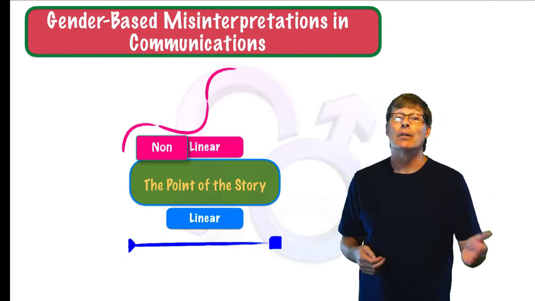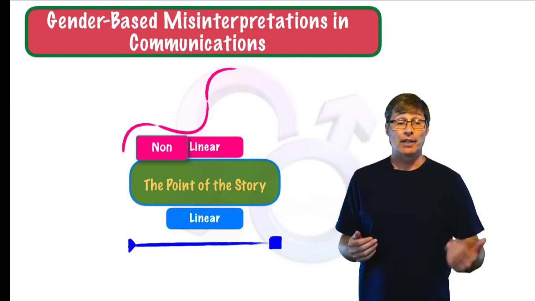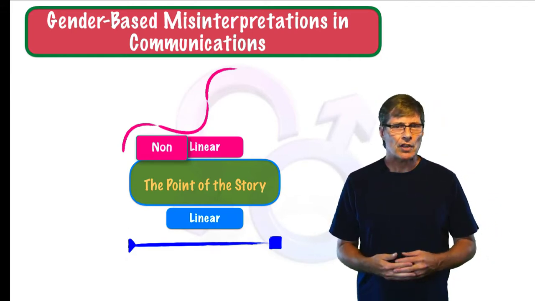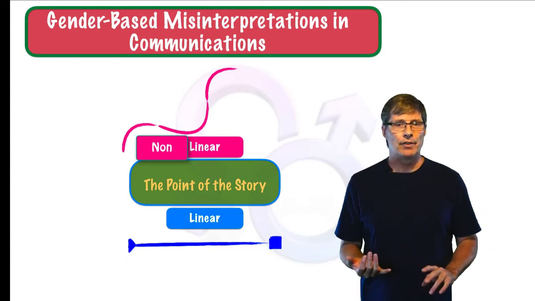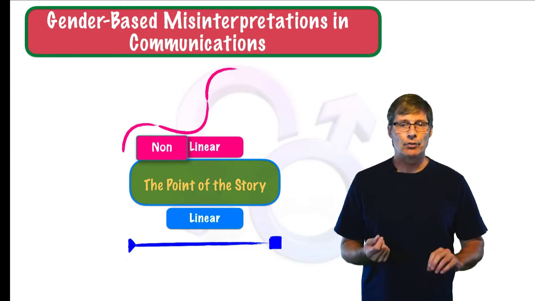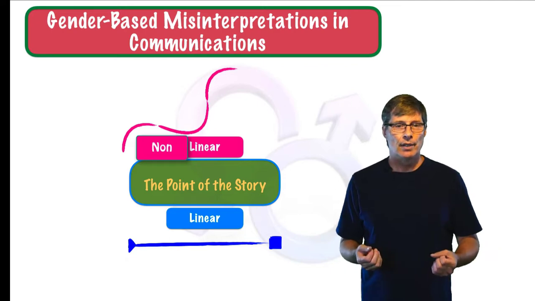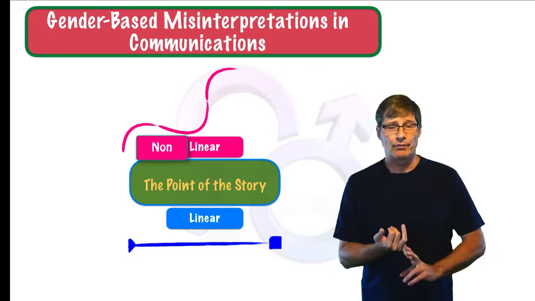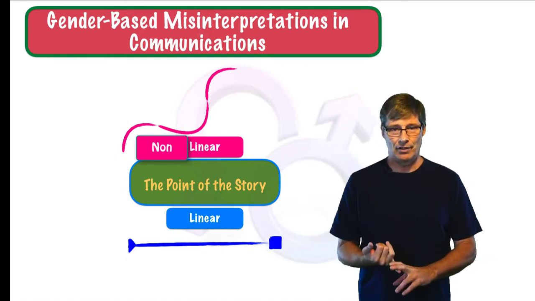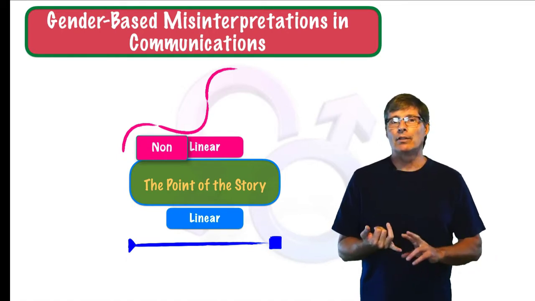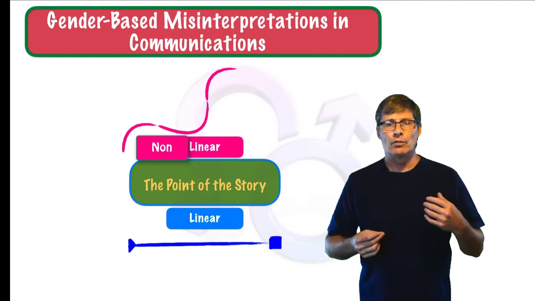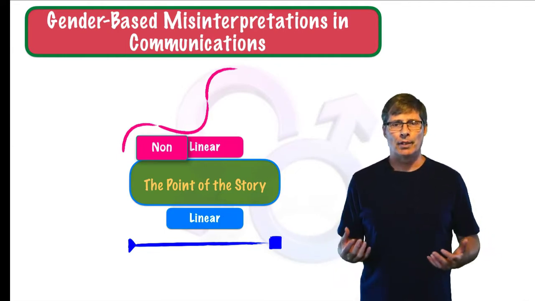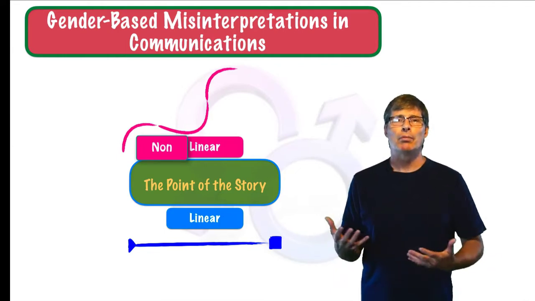They can meander and move around through a story, giving more detail. Masculine communicators often feel that the feminine communicators fail to move quickly to the point of the story, whereas feminine communicators often feel that the masculine communicators don't include important relationship information and relationship level detail.